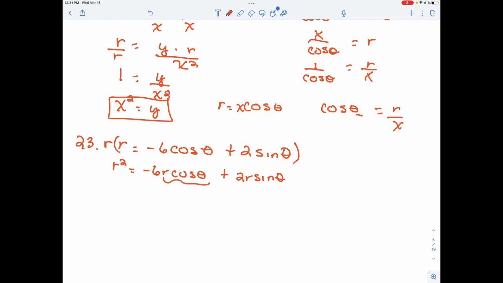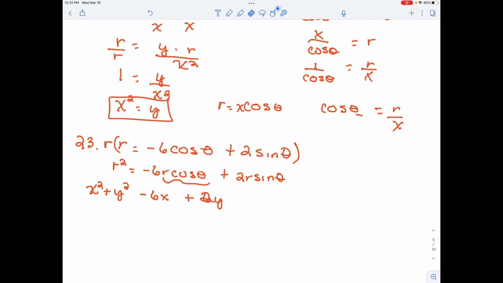So now once I have that, I can say that this is negative 6x plus 2y, and r squared is x squared plus y squared. I'm sorry, that would just be 2y. We could write it like that.